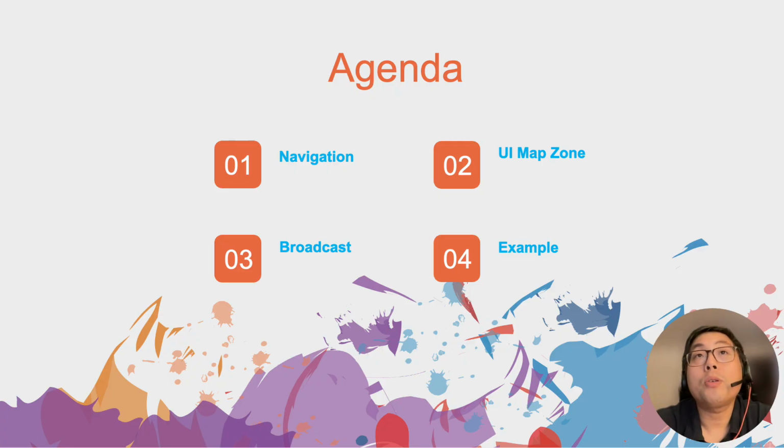And number three is another topic I've heard people want to know: how broadcast actually works. For example, you must have seen the broadcast button. What actually happens at the back end and how could you configure it? And then number four, I think we go through an example to make it more concrete and understandable.